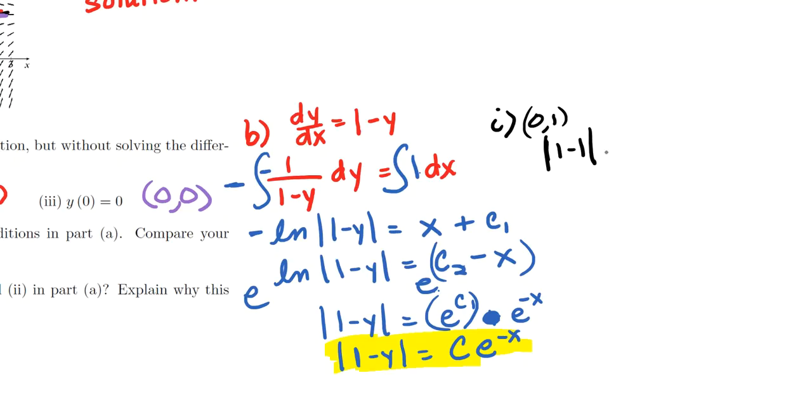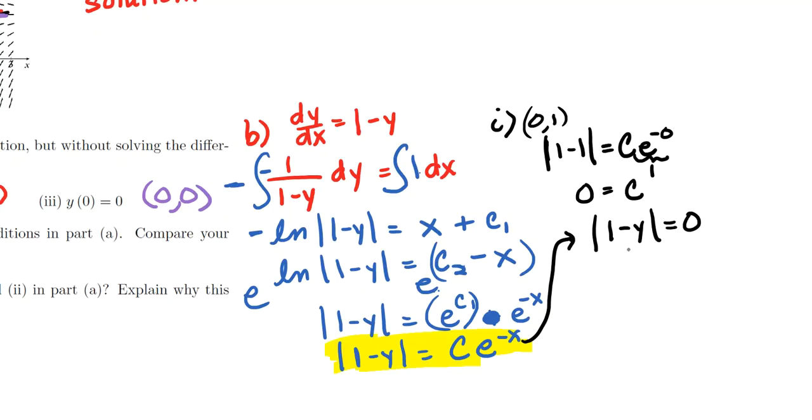And we like this because the absolute value of 0, we don't need that absolute value anymore. And this will be the opposite of 0, so that term is just a 1. So we will have 0 is equal to c. So our solution curve, when c is 0, the right-hand side becomes 0. So we have this equation.